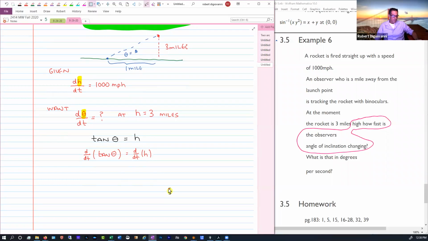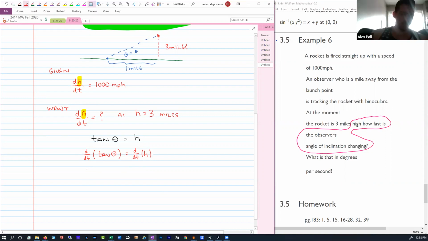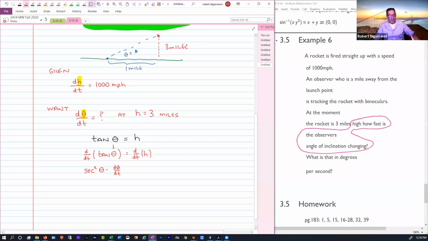First, the derivative of tangent of something is secant squared of theta. Do we need more here? Chain rule. You still have to take the derivative of theta with respect to time. But I don't need to figure out what that is, because that's what I actually want to know. It's a good thing it showed up here because I need to solve for it. We're done on the left side.